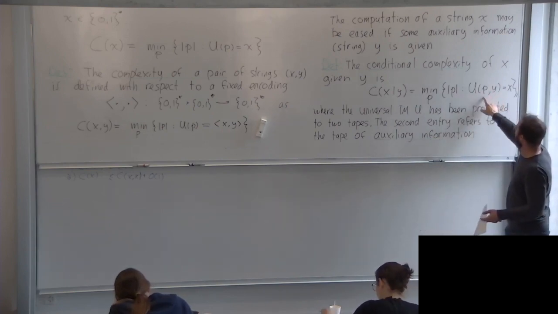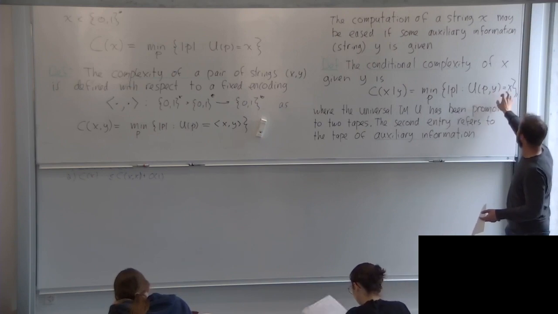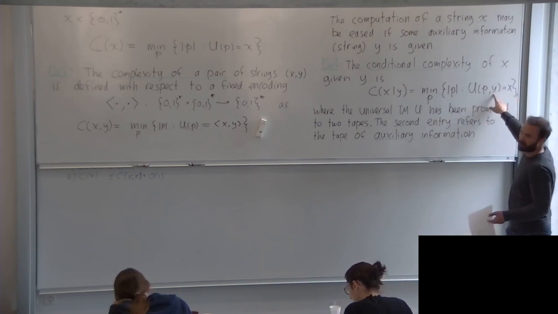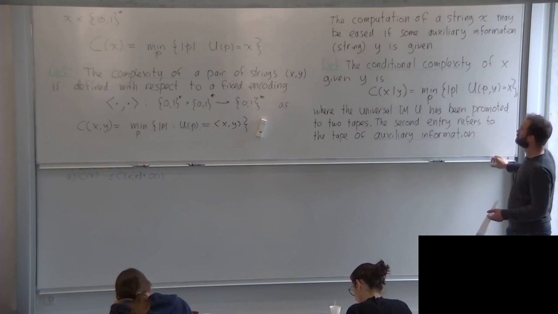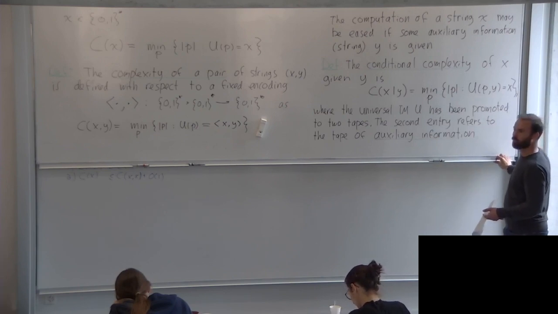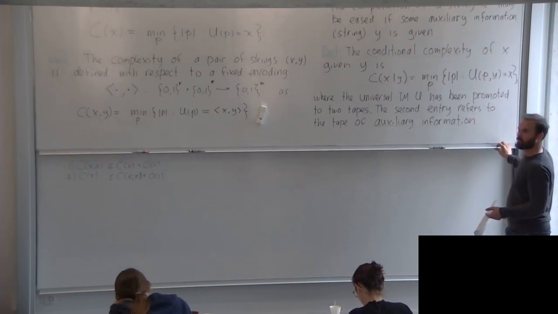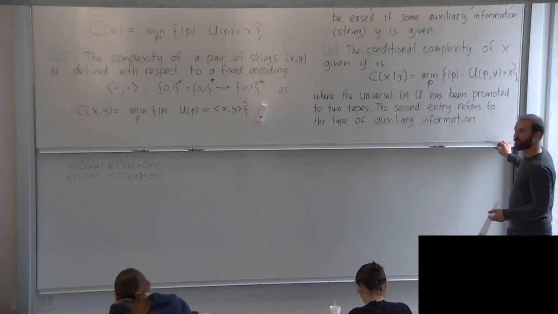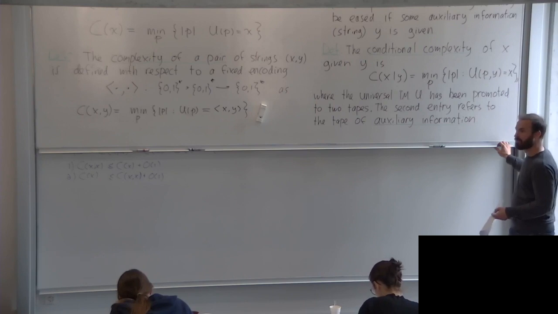But we're looking for all ways p to produce x with y as side information. But p still contains the index of the Turing machine and an input. Correct. So couldn't we just use a 2-tape Turing machine also for that? We could have.